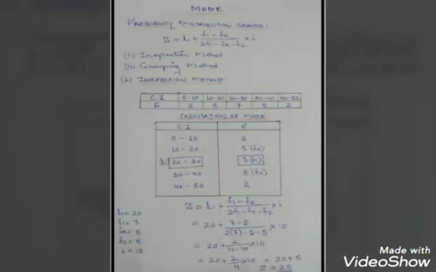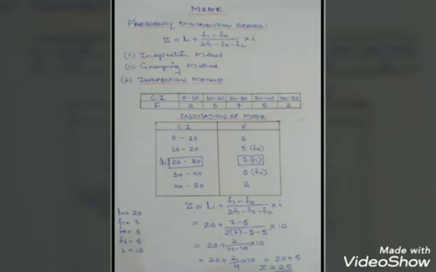Children, before we begin, let me tell you the formula for frequency distribution series. The formula goes like this: Z equals L1 plus (F1 minus F0) upon (2F1 minus F0 minus F2) into I. Z, as you know very well, is the value of the mode.